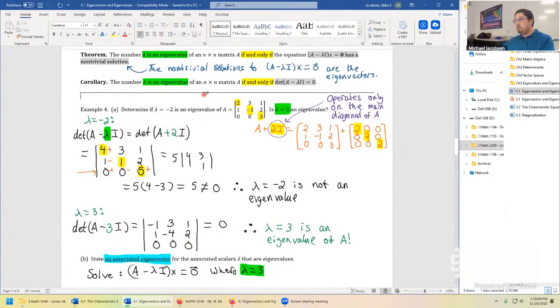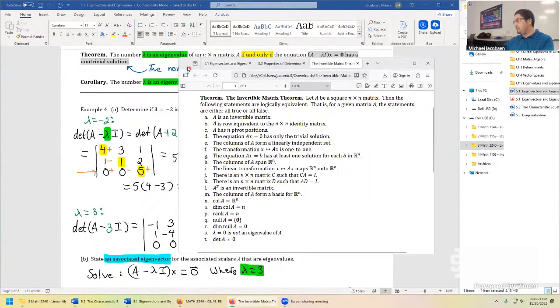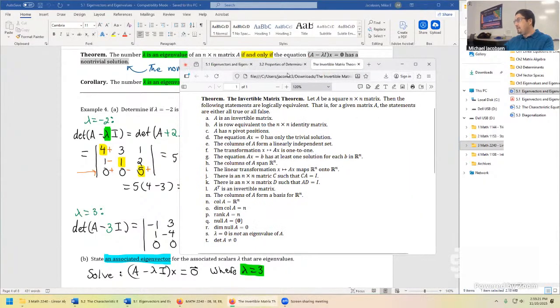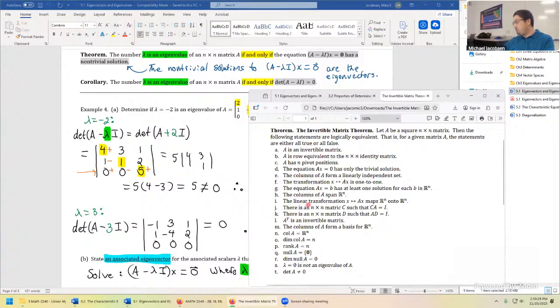Well, the next idea, the big one that we're going to connect to the next section: when you said (A minus lambda I) times x equals zero has a non-trivial solution, you can go right into the invertible matrix theorem. I've got it preloaded here. Connect that theorem all the way down to the bottom here, part T of the invertible matrix theorem, and say the determinant has to be zero.